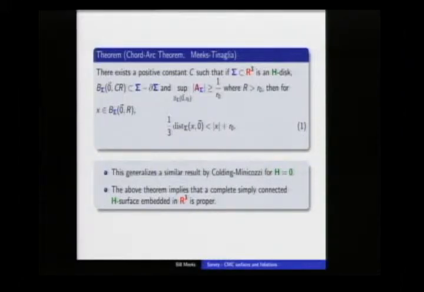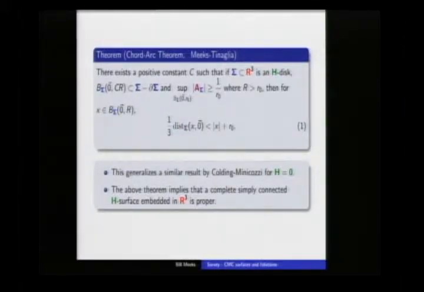Assume that relatively close to the origin, there are points where the norm of the second fundamental form is reasonably big. Then you get a chord arc estimate.